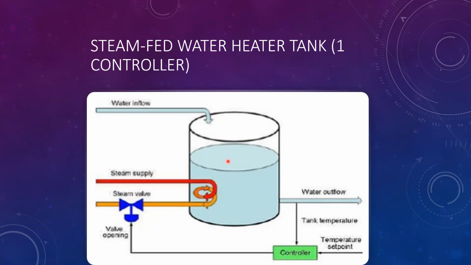The arrangement works if the steam supply and steam valve are consistent to produce an X percentage change in the temperature when the controller calls for a Y percentage change in the valve opening.